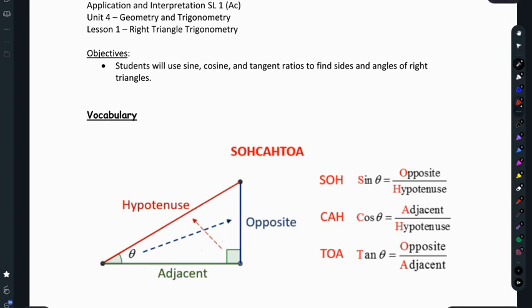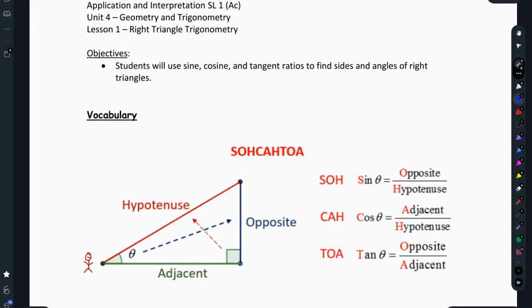From this perspective, if I was to draw a little person over here looking at this angle, opposite would be over here, and the side I could touch would be right here. This would be adjacent. And of course, always across from my right angle is the hypotenuse. That'll never change.